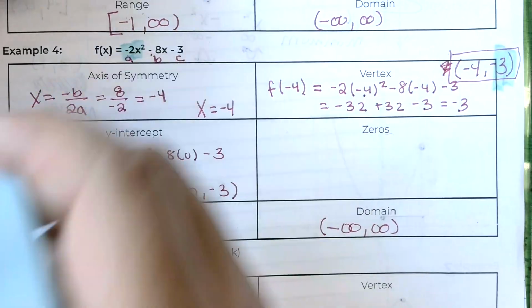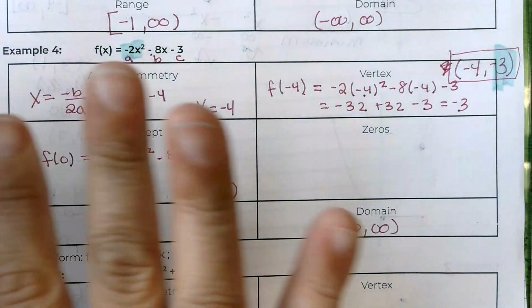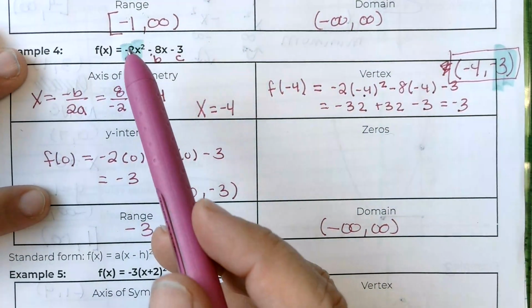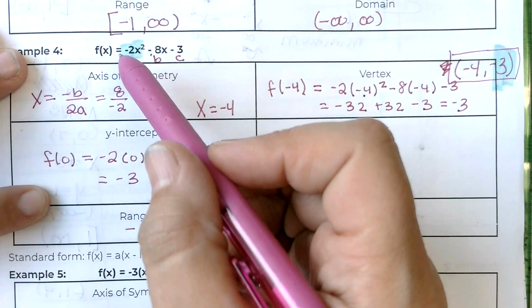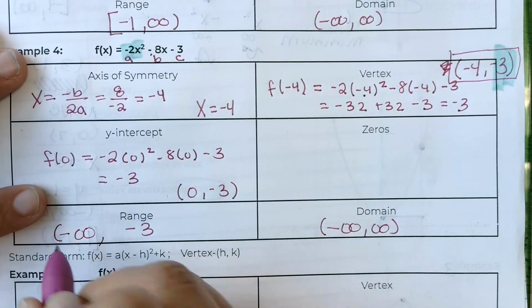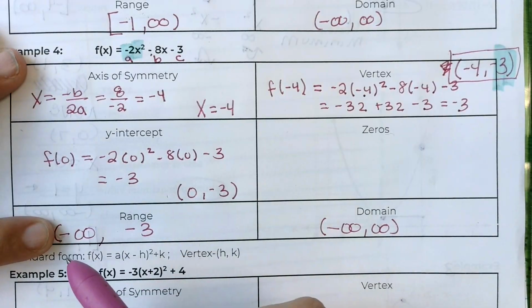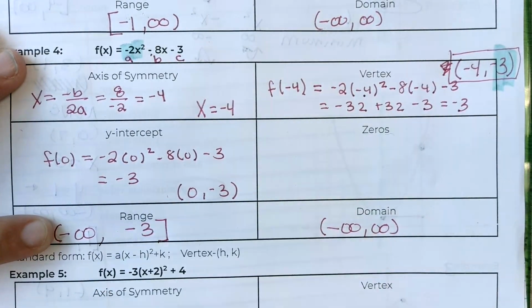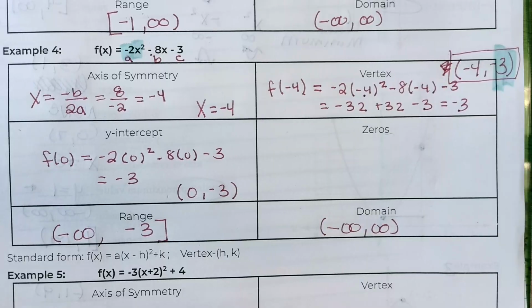It is a negative 2x. Now the 2, it's not going to do anything right now that I need to worry about. I just need to worry about the negative. Because it's a negative, I need to use negative infinity. And notice that when I use negative infinity, it goes before the vertex value. But it's still closed.